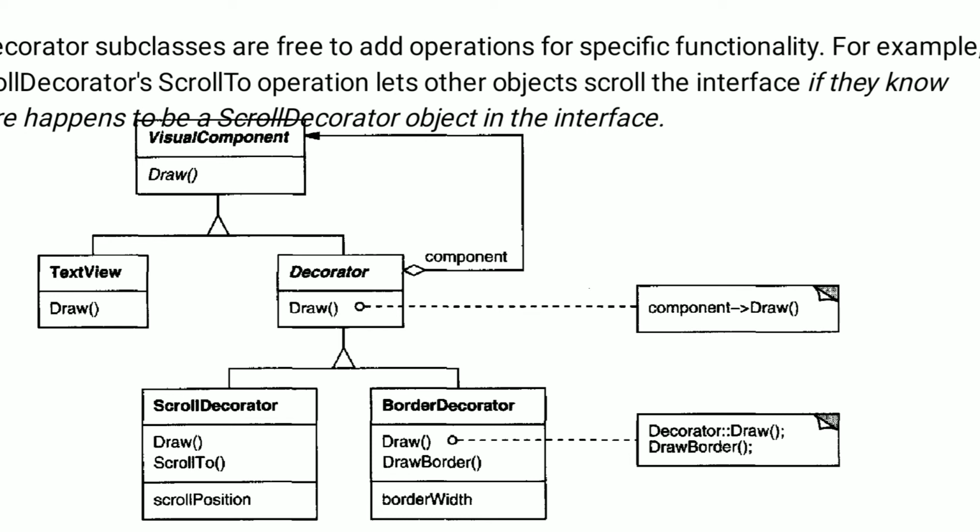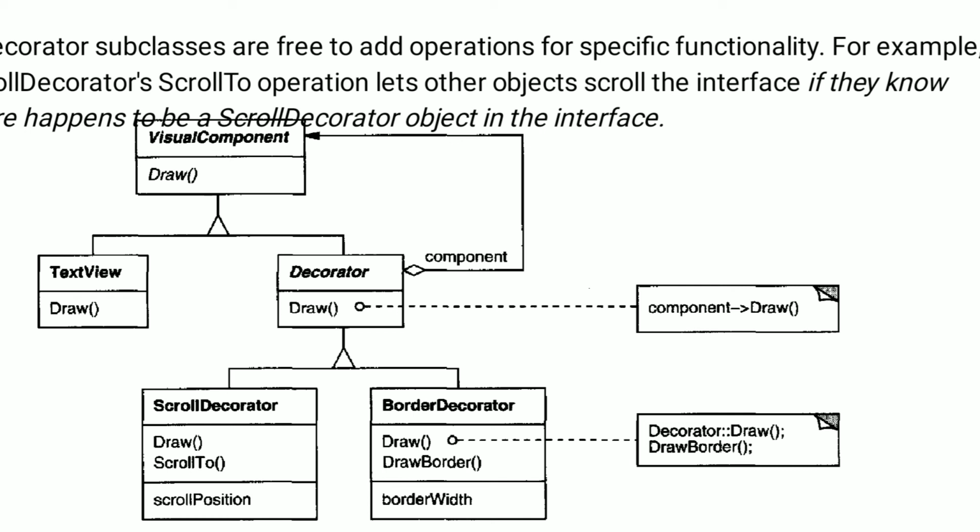All these are the properties of the scroll decorator and the border decorator. The thing is that the decorator is going to allocate or send responsibilities dynamically to the subclasses. Here the subclasses are the scroll decorator and the border decorator.